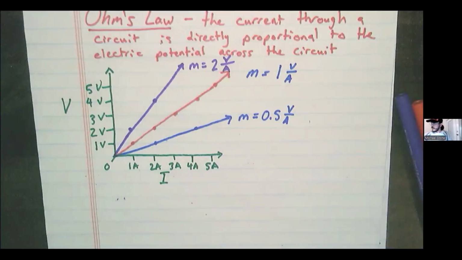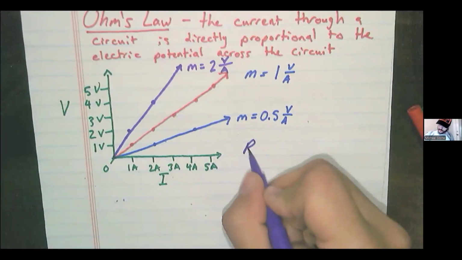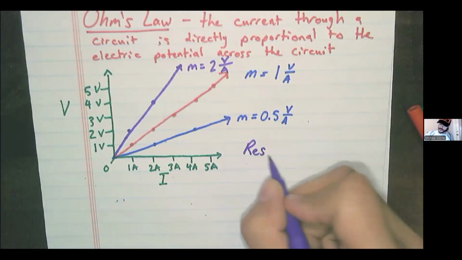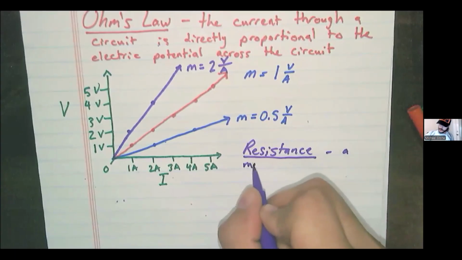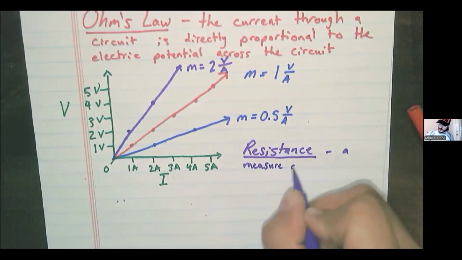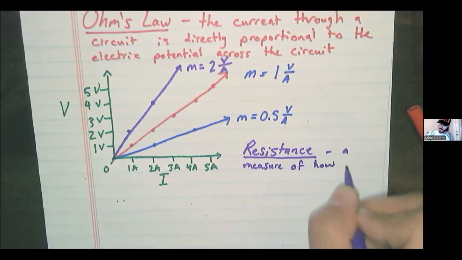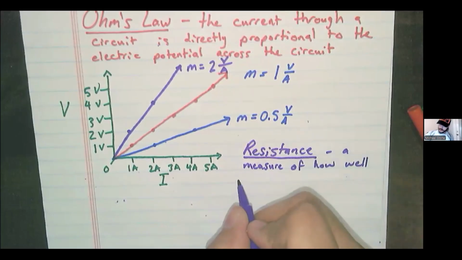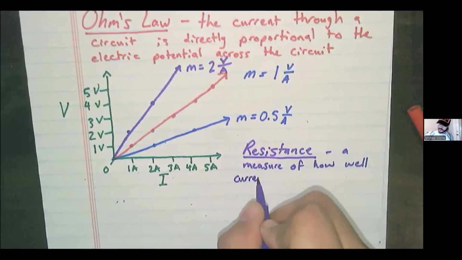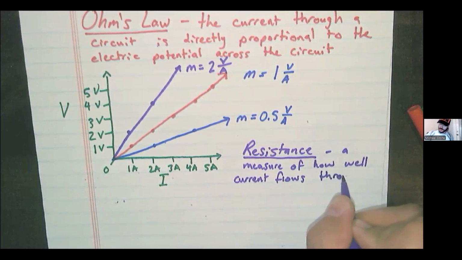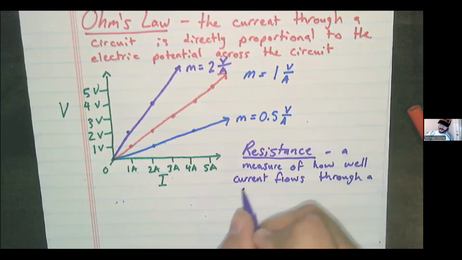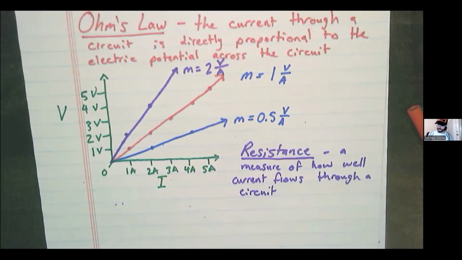This quantity is called resistance. So resistance is what we were measuring in these slopes. A measure of how well current flows through a circuit.